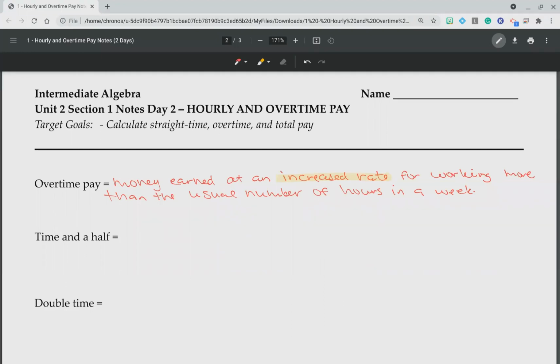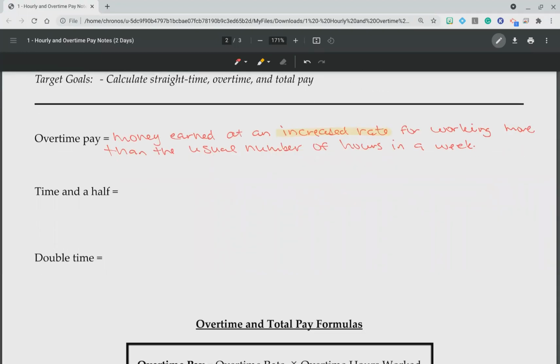So like I said, one option would be to make time and a half. And that would be a payment to a worker at 1.5 times their usual hourly rate.